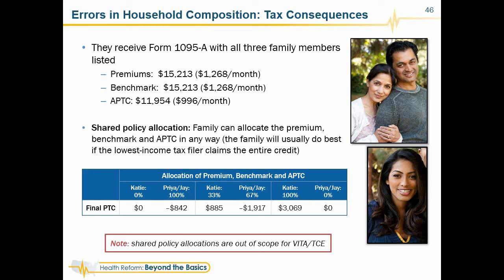Well, we would go through the household rules for this family, because it doesn't matter whether the child has health insurance from another source, we're still going to look at the household rules. We would start with applying the Medicaid rules. Under the Medicaid rules, the child would be included in dad's household.